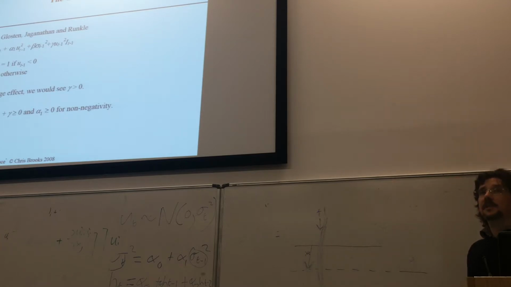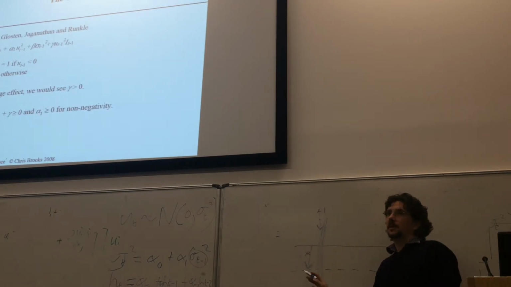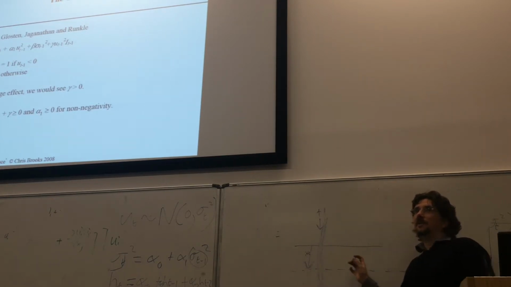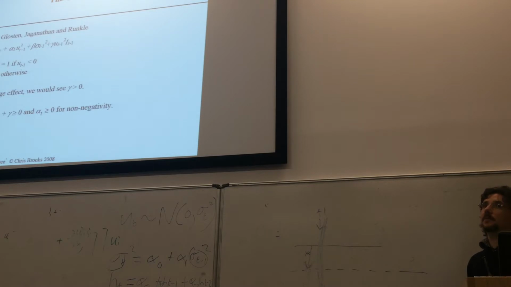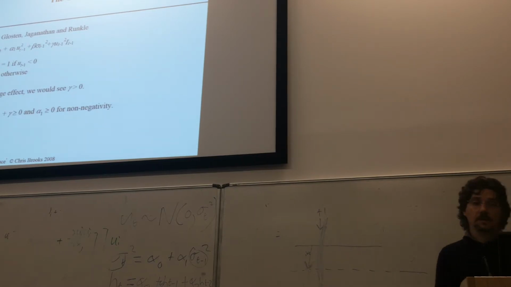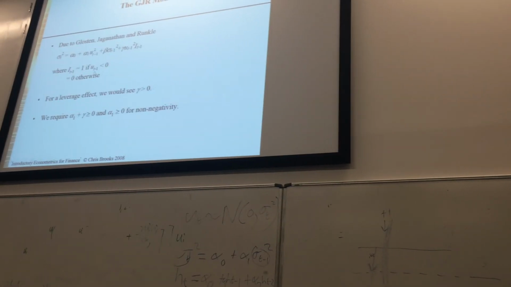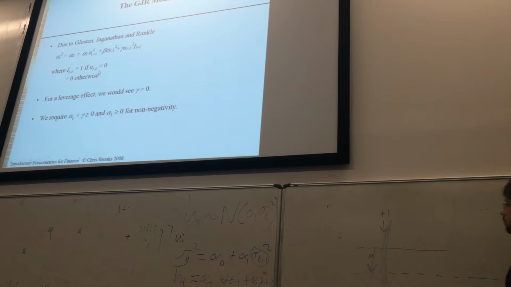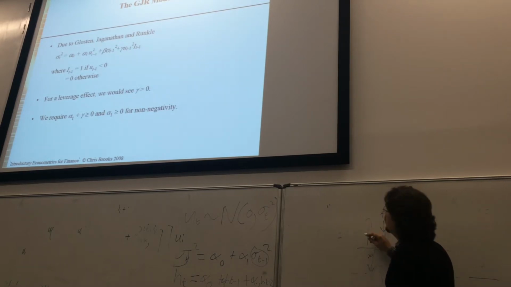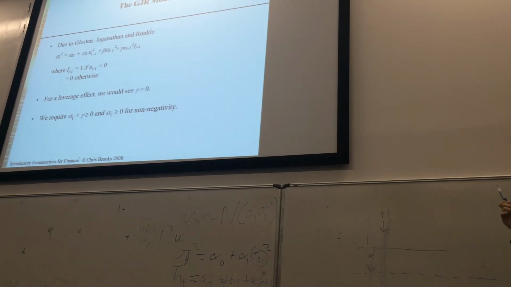Does everybody understand that? Does that make sense? You can see how, if you get a large negative return in the market, you would expect more volatility in the market the next day, and how this model captures that. If u of t minus 1 was positive, then I of t minus 1 would be 0, and that extra term wouldn't feature in the variance for today.